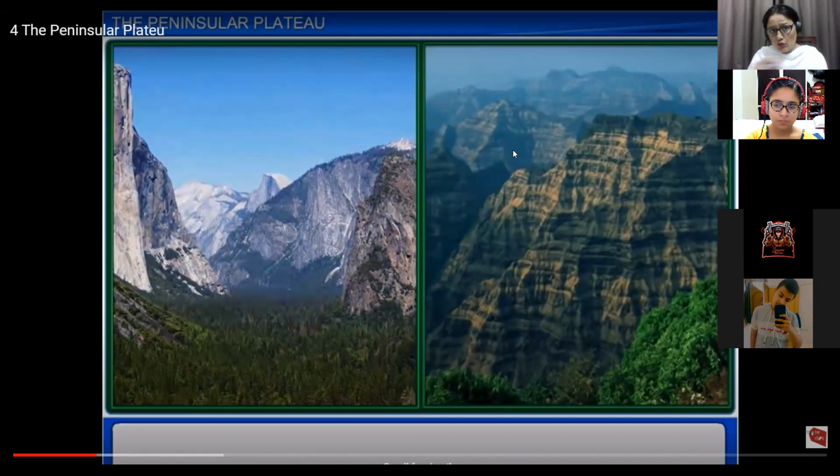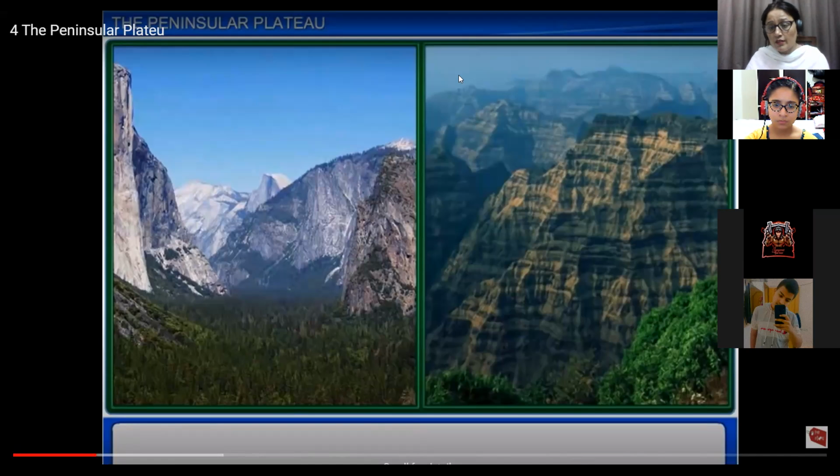Now the hills which you can see here are not very sharp. They are rounded. It means the upper sharp portion got eroded by the rivers, by the rain, by the wind. All of it has eroded. And after erosion, the topmost sharp portion turned round.